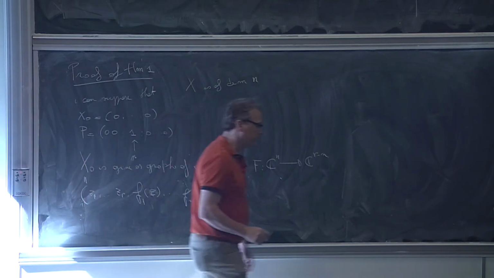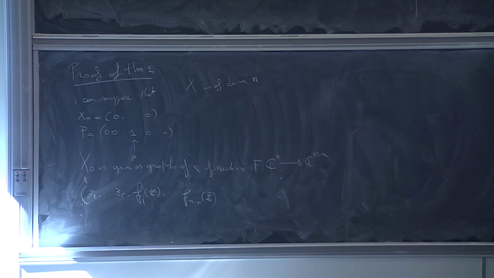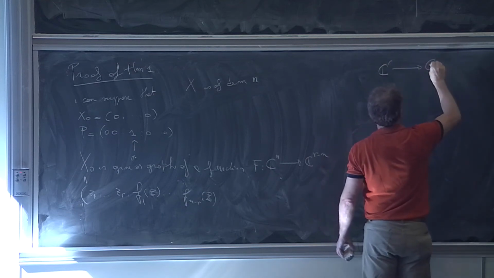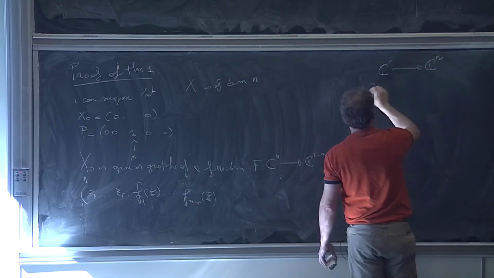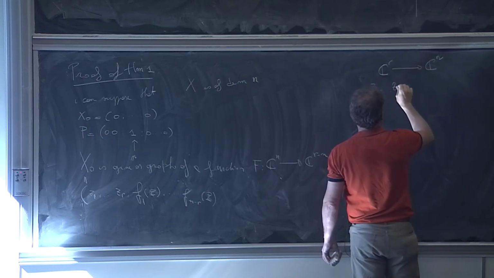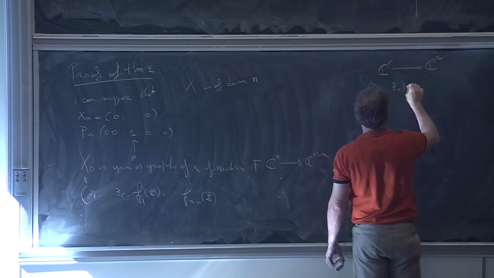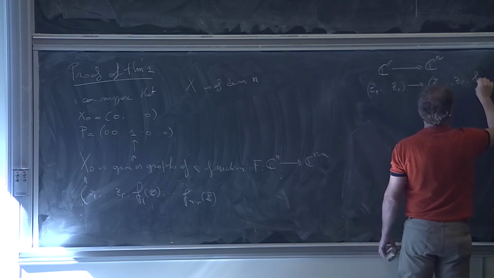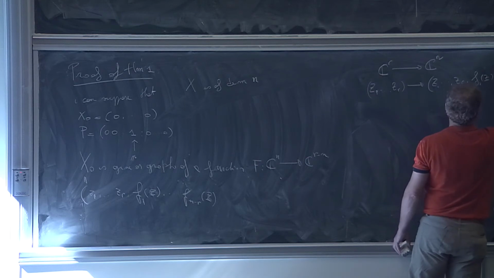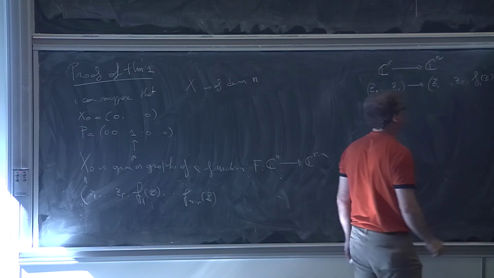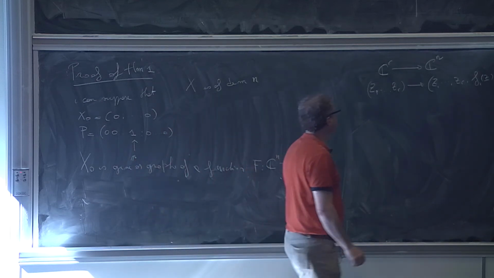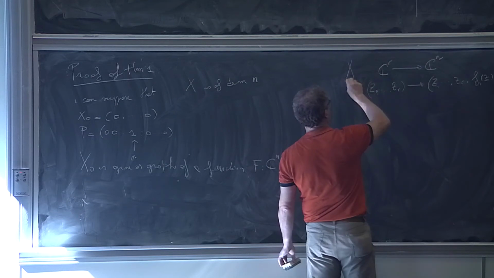Now, let's say that you have a C^r inside C^n, which is given by z1, ..., zr, f1 of z, ..., f_(n−r) of z. So this is, let's say, x0.